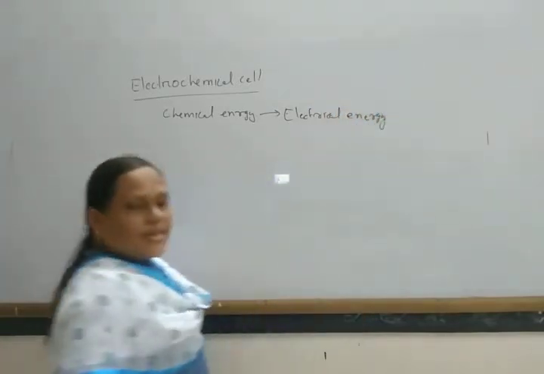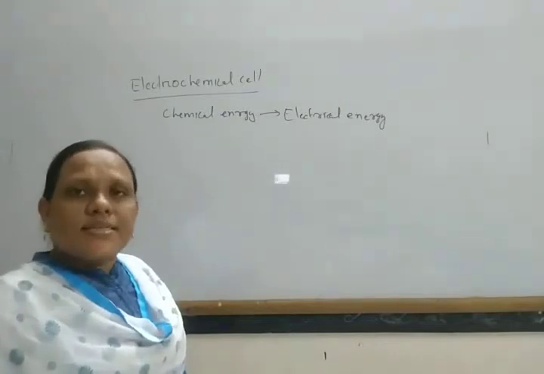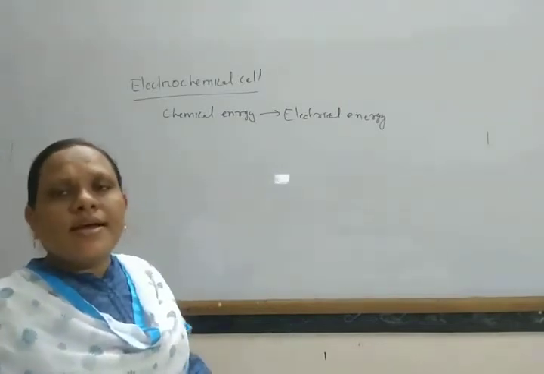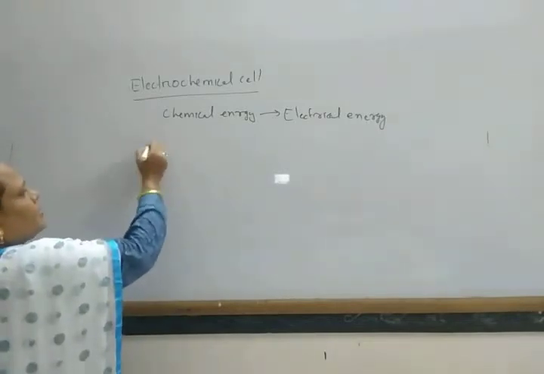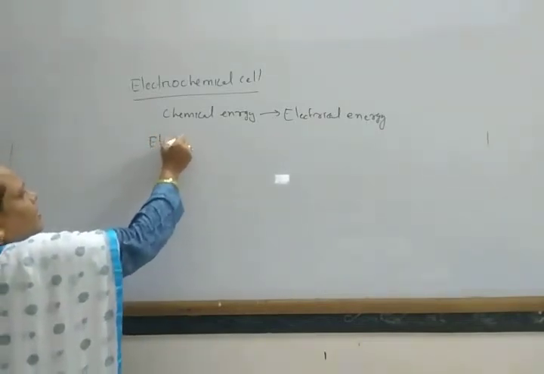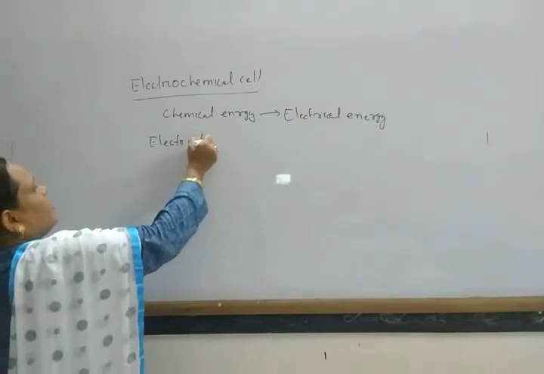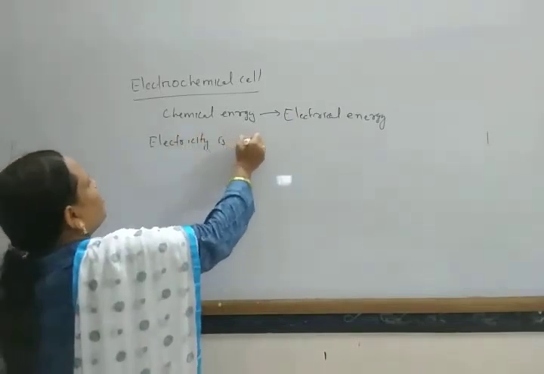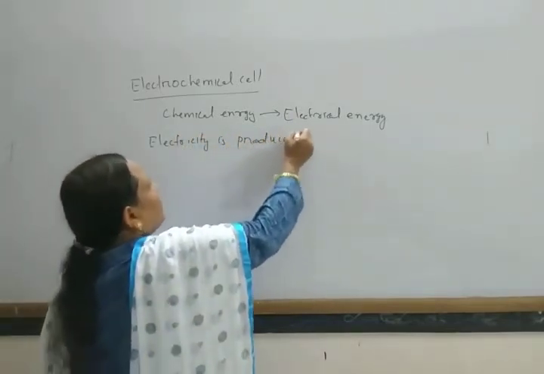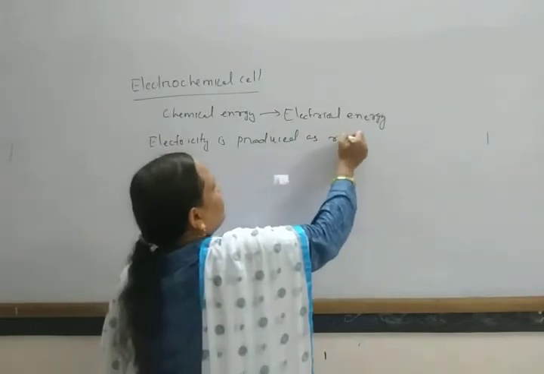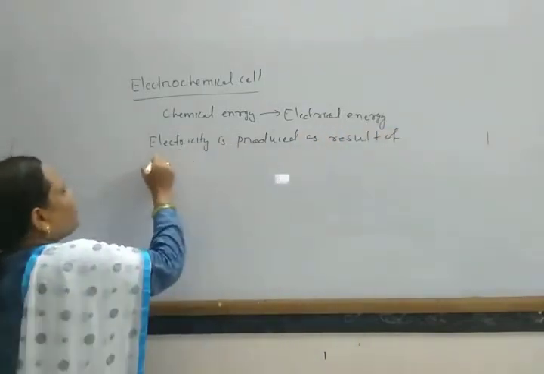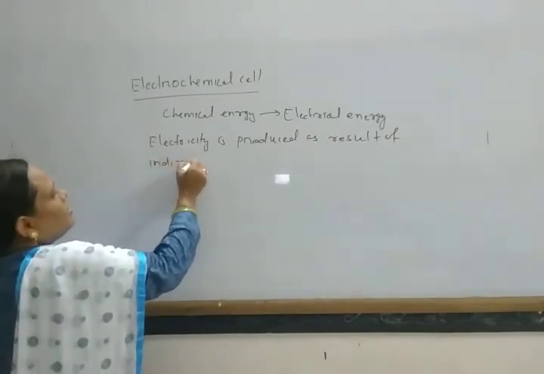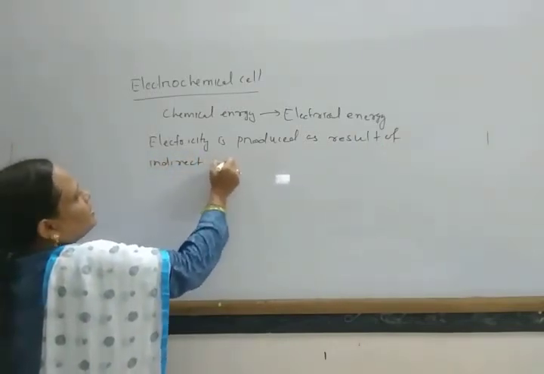That means electricity is produced as a result of a redox reaction and a decrease in free energy. Actually, this is a device where electricity is produced as a result of an indirect redox reaction.